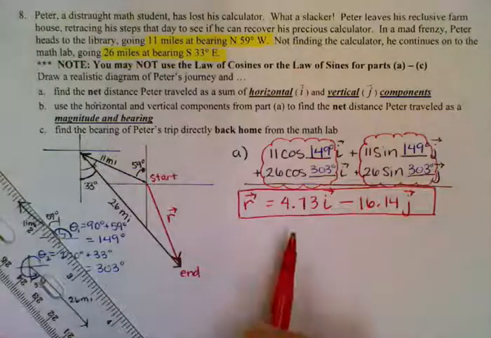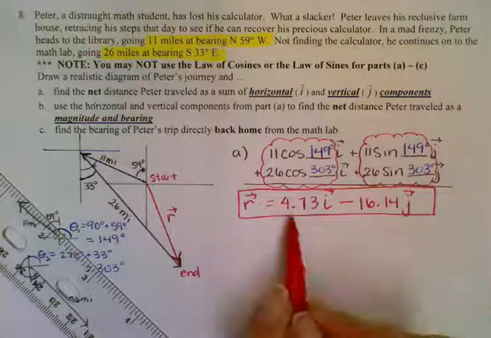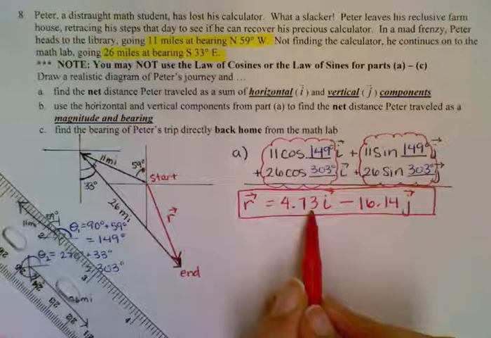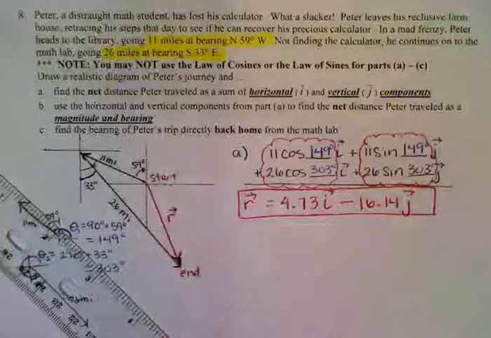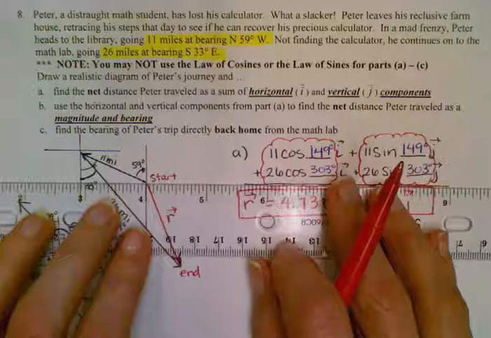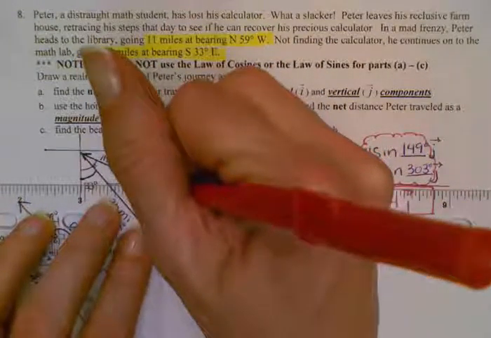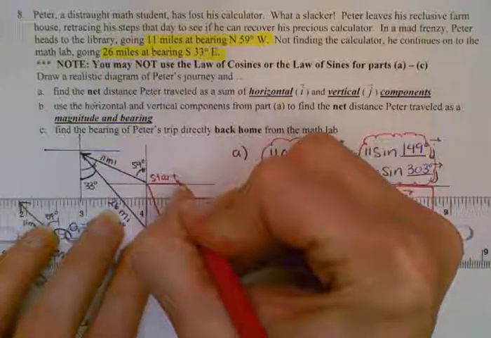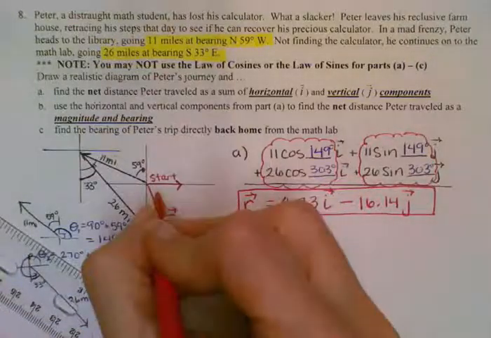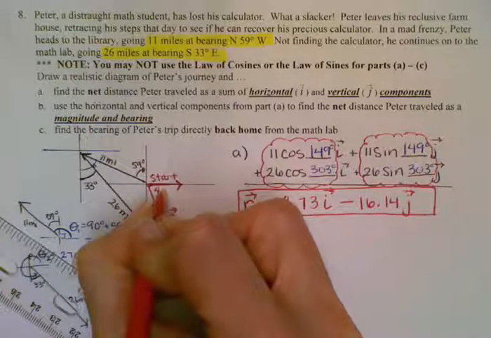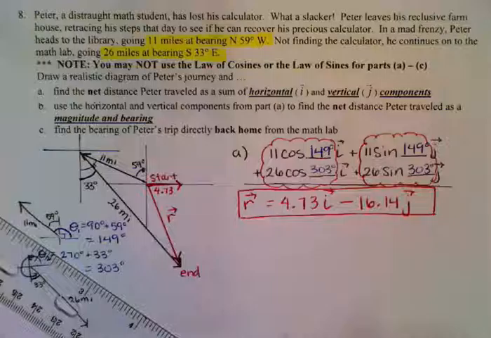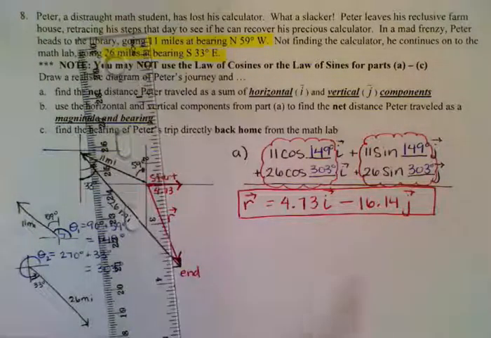And so its own little right triangle, according to this, we have a horizontal distance of positive 4.73. And then it has a negative distance of 16.